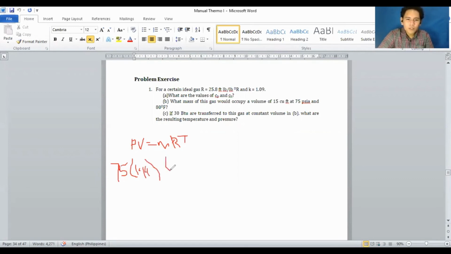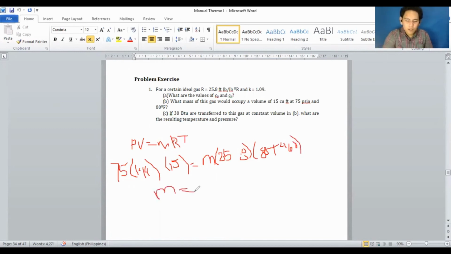Your volume, which is 15 cubic feet, equals your unknown mass, your R, which is 25.8, multiplied by your temperature, which is 80 Fahrenheit plus 460, to convert that into your absolute temperature.